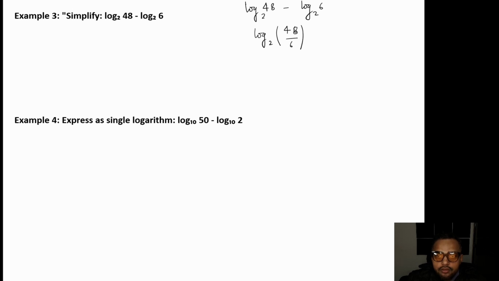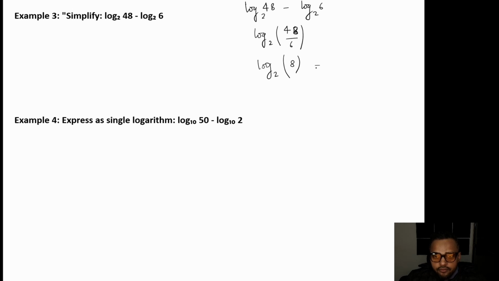On further calculating, we get log base 2 of 8, because in the multiplication table of 6, we get 48 at 8 times.